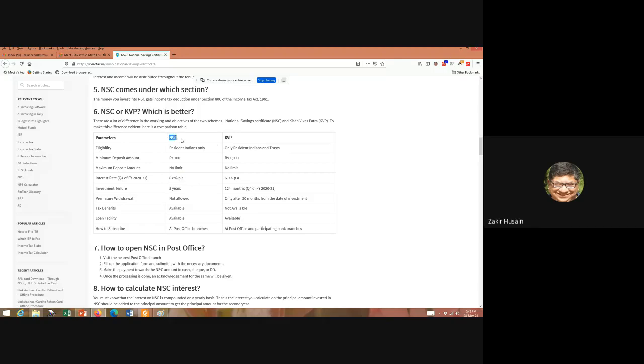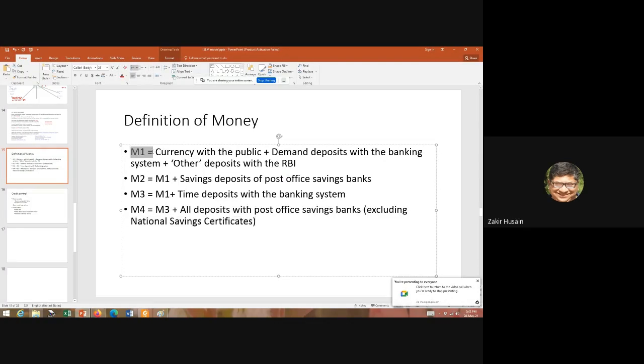In addition to NSC, you also have Kisan Vikas Patra, KVP, and the interest rate is 6.9. So you can see that M1 and M3 are the two main types. M1, M2 are almost similar. M3, M4 are almost similar.